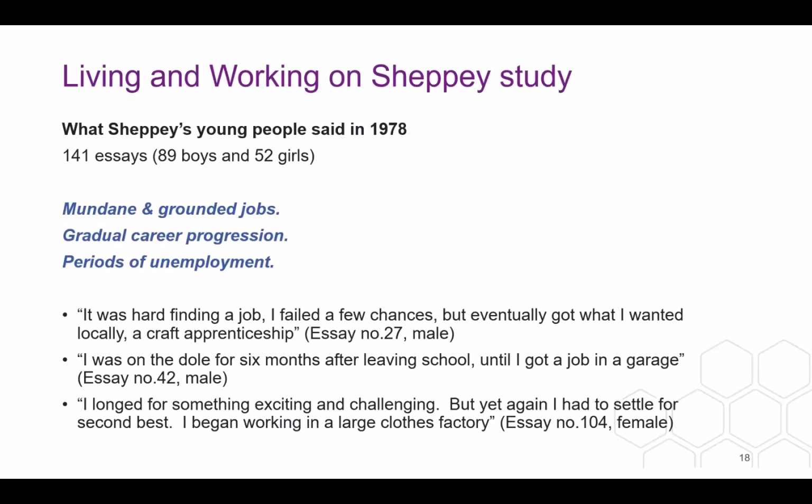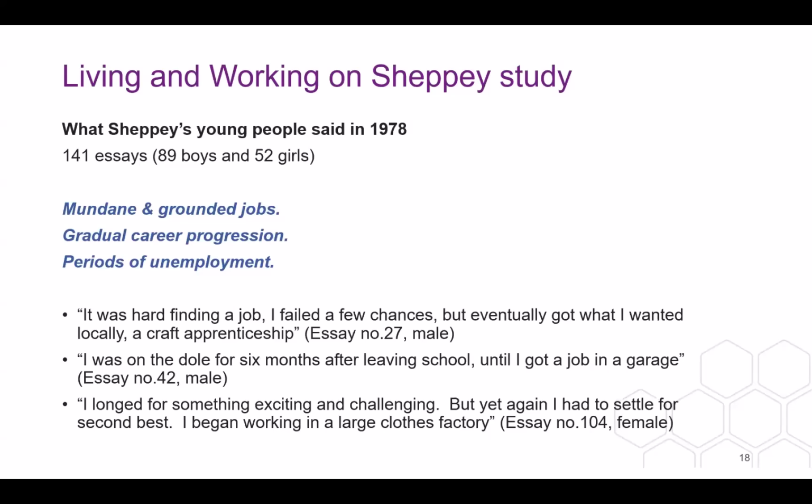They imagined very gradual career progression if they progressed at all. There were also stories of stagnation and unemployment, and somewhat morbidly, some predicted an early death, either for themselves or their loved ones. And the quotes there, I think, give you a flavor of that kind of tone.